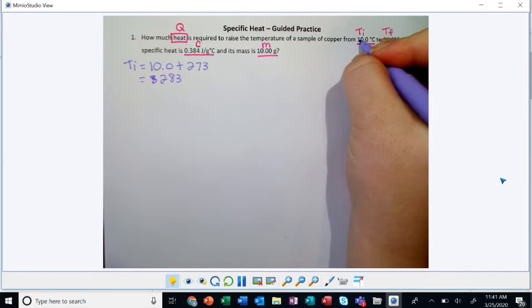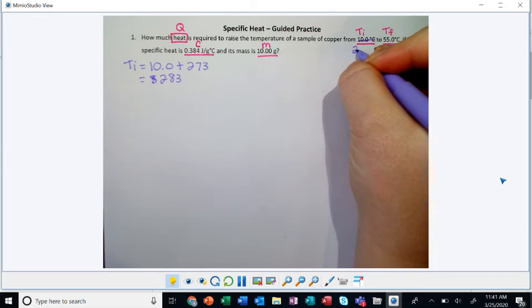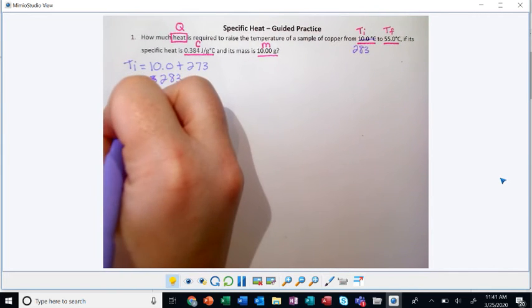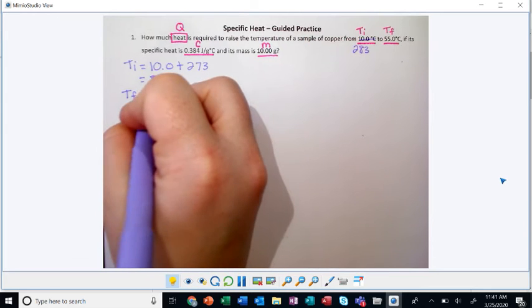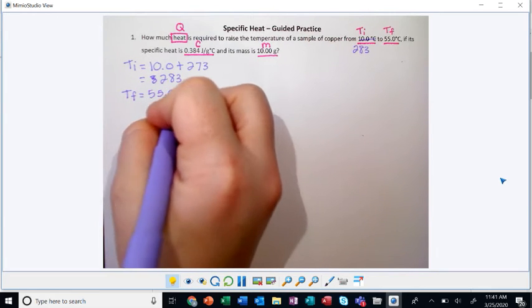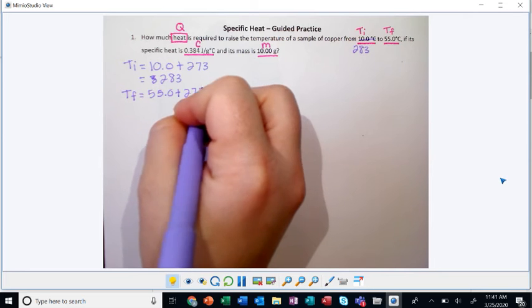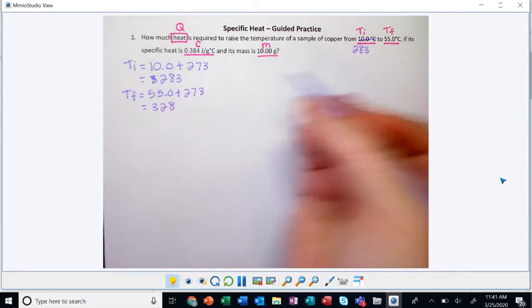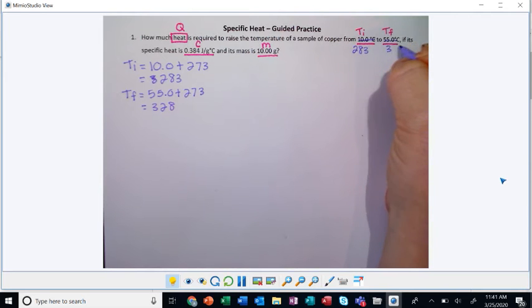I'm going to cross this out. This is going to come 283. My TF is equal to 55.0 plus 273, and we get 328. So I'm going to change this one to 328. All right.